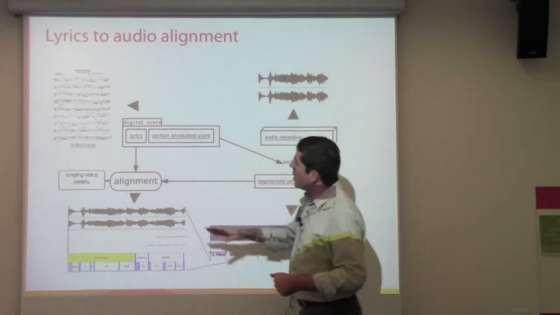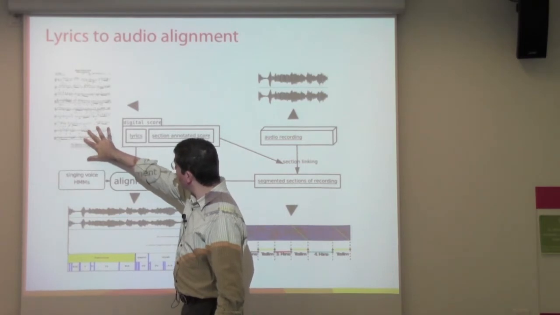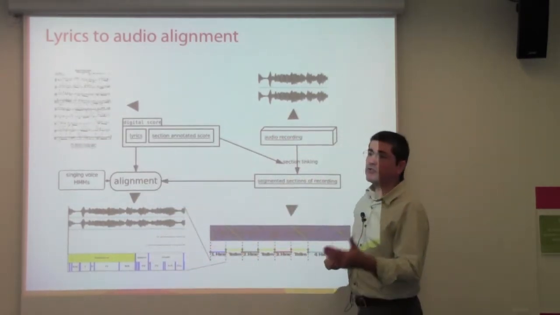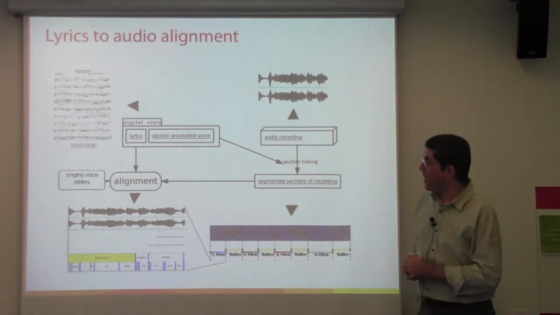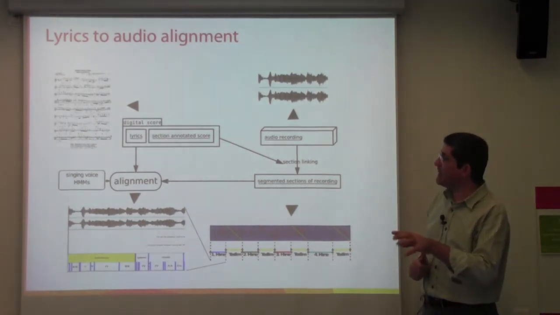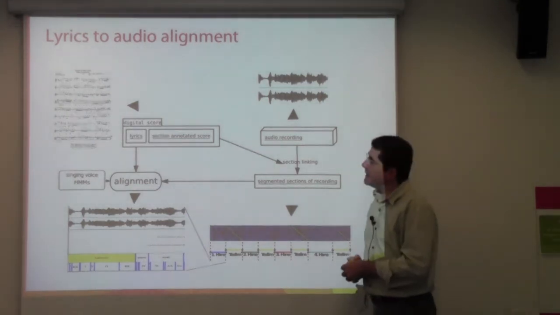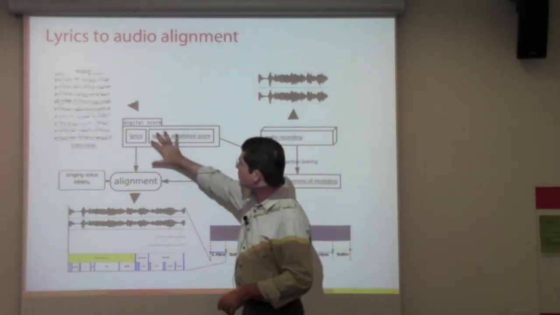So the alignment of the lyrics within the score to the audio can be approached in a similar way to the score to audio alignment, but it requires some speech models or some singing and phonetic models, and that's what we have been working on.